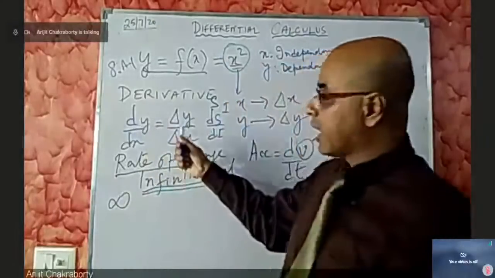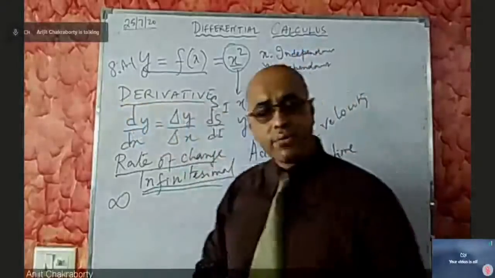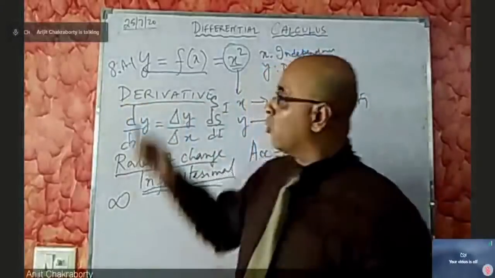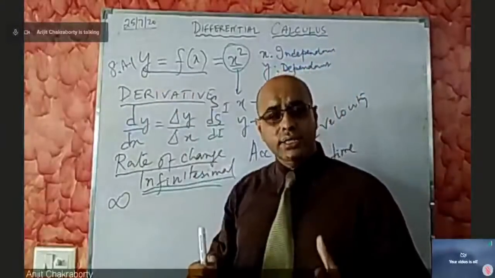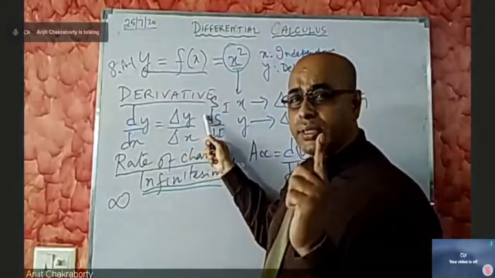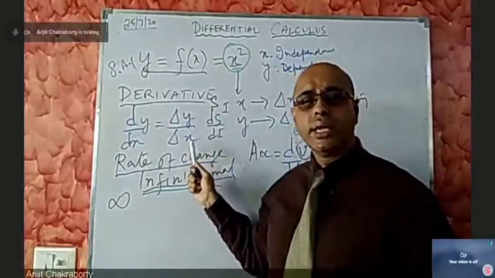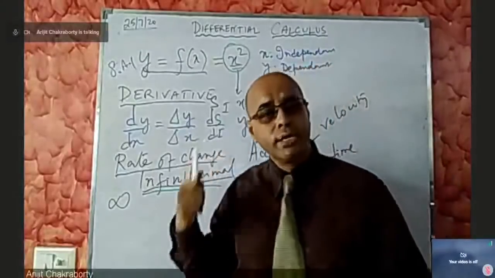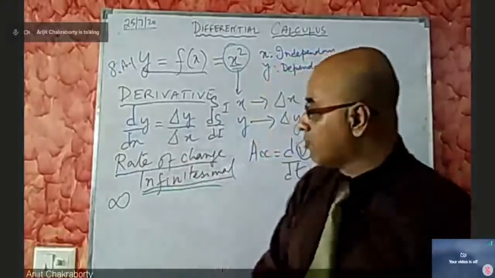So differential calculus, or the derivative of a function y equal to f(x), is defined as the rate of change in y, the dependent variable, due to a very small change in x, the independent variable. This is shown by dy by dx.